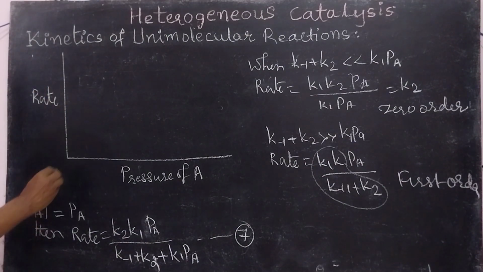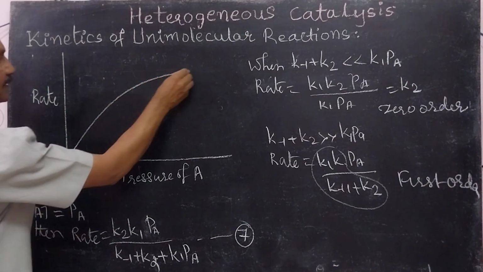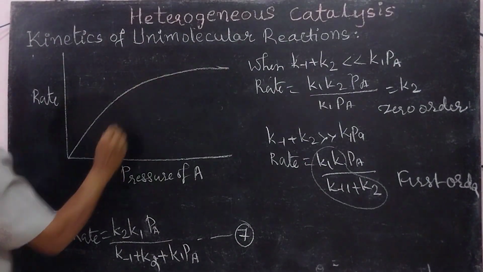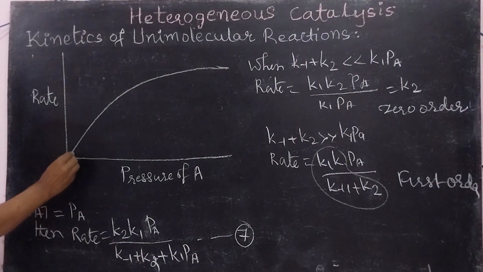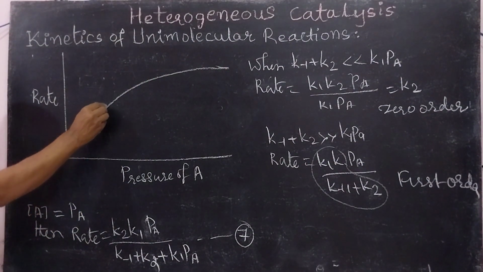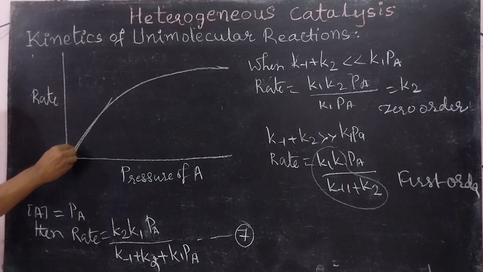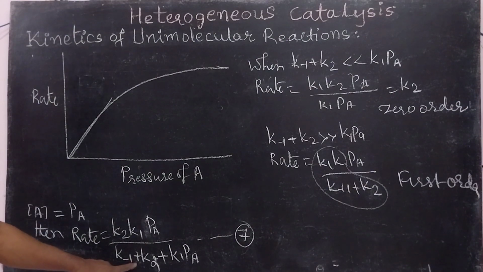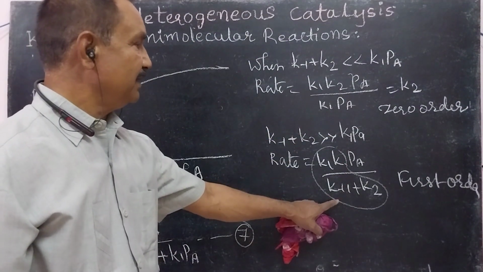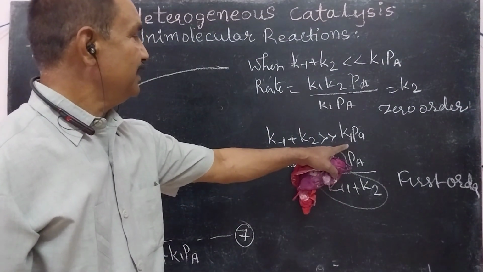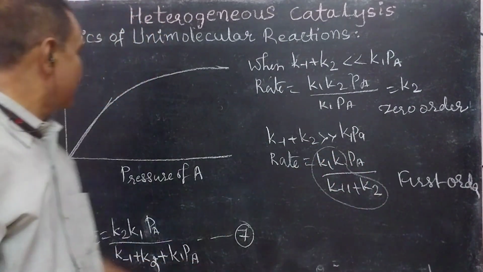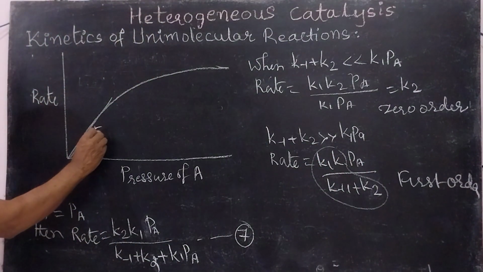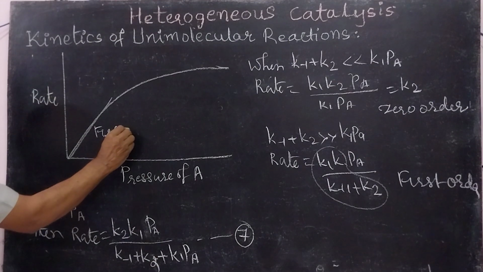We are going to get a curve of this nature. What it shows: when the pressure is very low in this area, K1 Pa is smaller than K minus 1 plus K2. When K1 Pa is smaller, this is first order. Therefore, the reaction is first order.